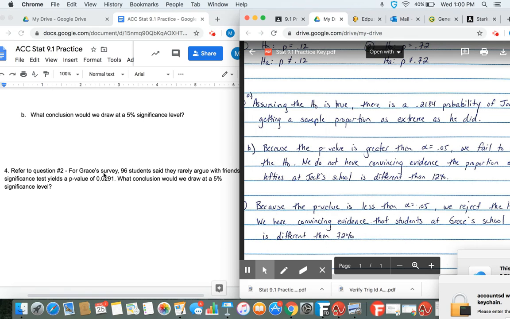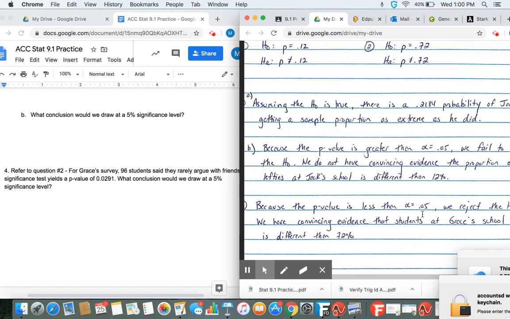It's a lot smaller. It's about 3%, and 3% is less than 5%. So we would say because the p-value is less than our significance level of 0.05, this time we reject the H0 because we believe our evidence is telling enough that it is different than 72%.